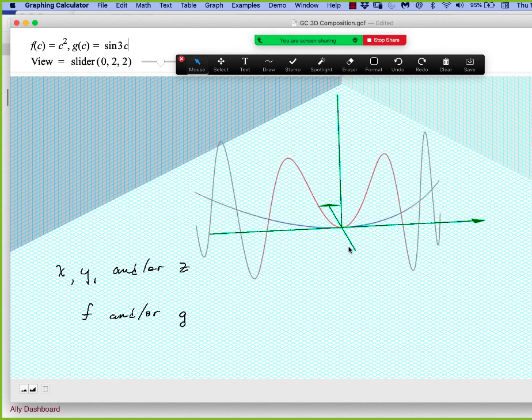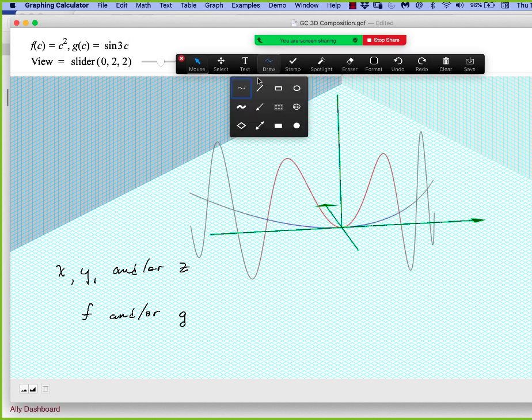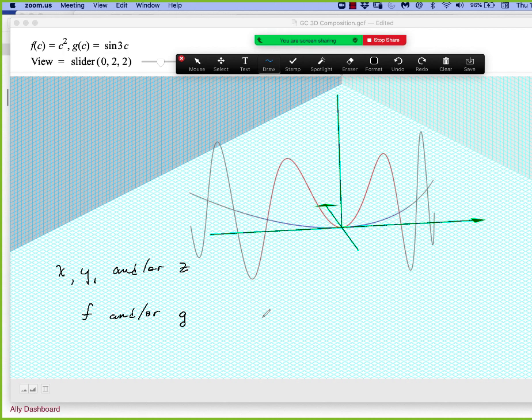Maybe like the y, or yeah, because instead of being flat on the y plane, I guess it's elevated onto the z plane. Okay. And is z the independent variable or dependent variable of one of these functions? Maybe dependent. Okay. For which function? G. G? Okay.